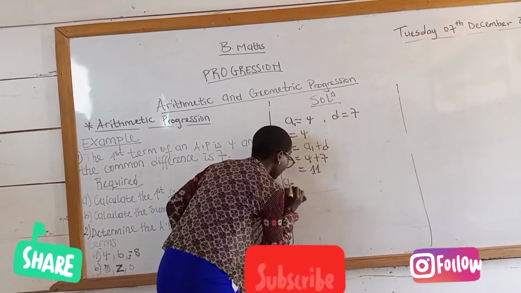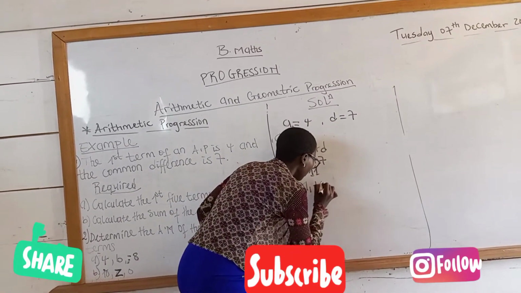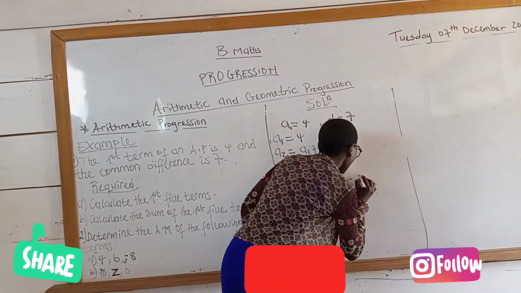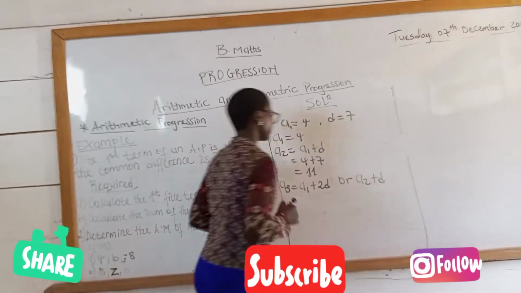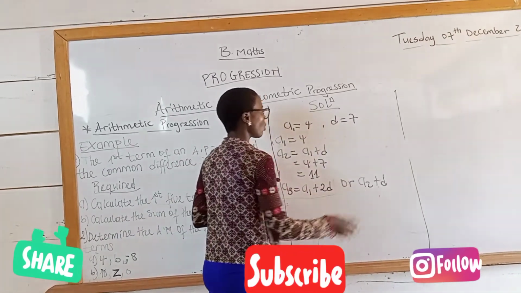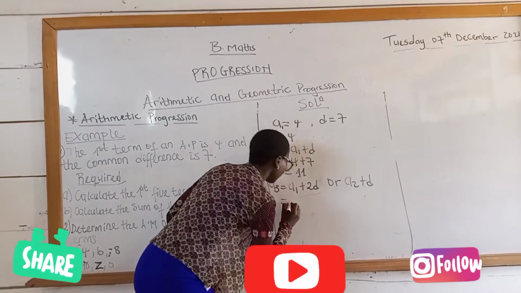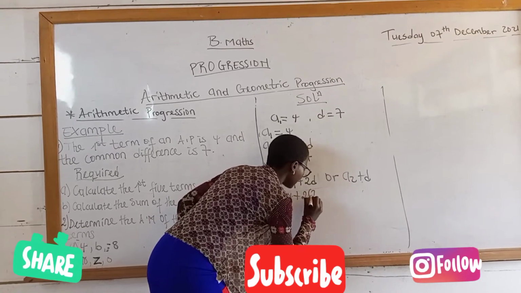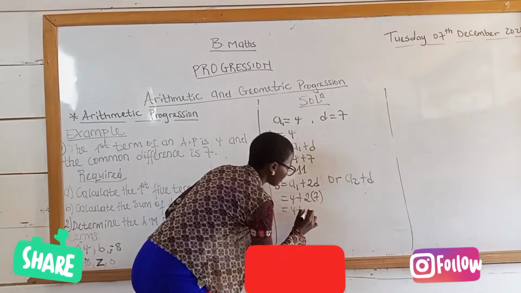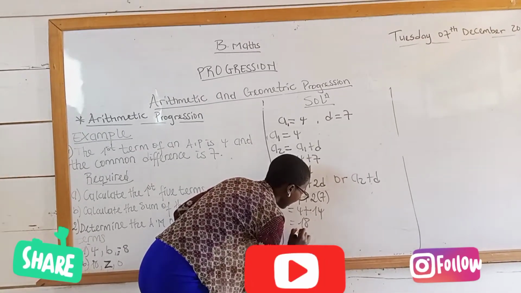Also calculate A3, which is either you take A1 plus 2D or you take A2 plus D. Let us solve both and see what it will give us. A1 is 4 plus 2 in bracket 7, which is 4 plus 2 times 7 is 14. 4 plus 14 is equal to 18.